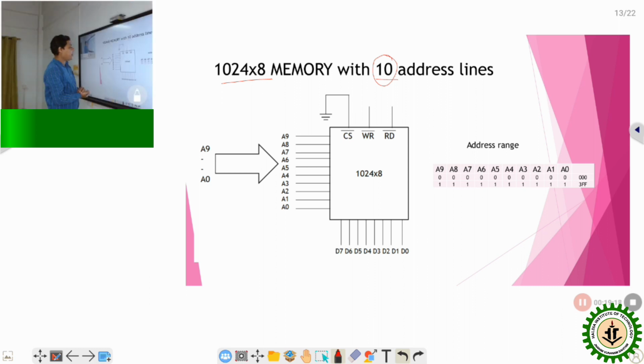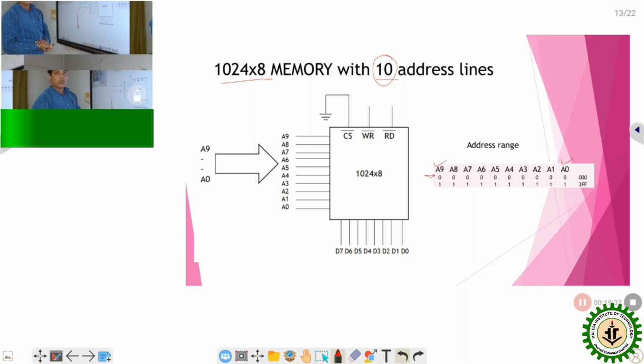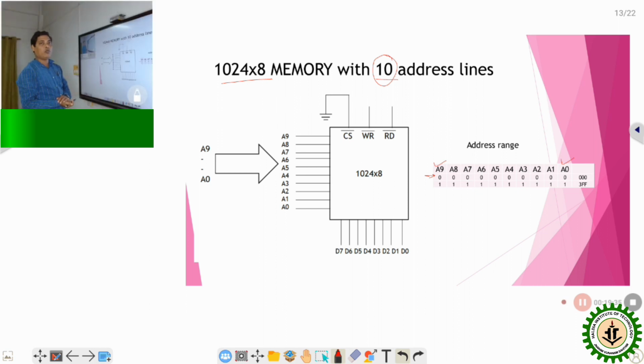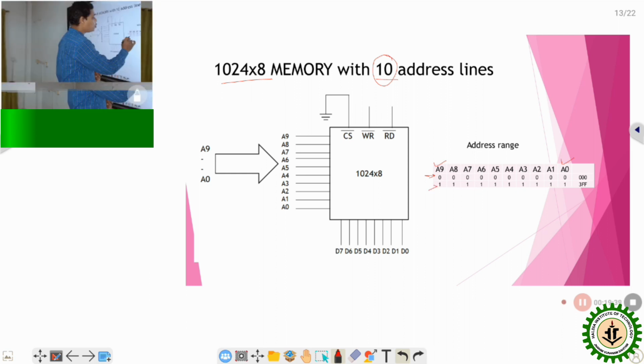So if there are 10 address lines, for selection of register element 0, all the signals from A0 to A9 will be equal to 0, and to select the last memory element, that is register element 1024, all the address lines should be equal to 1.